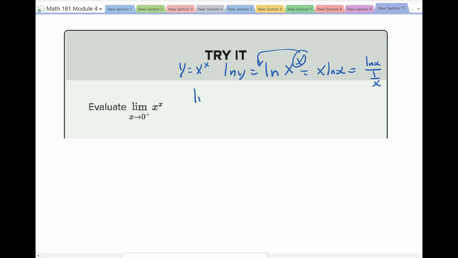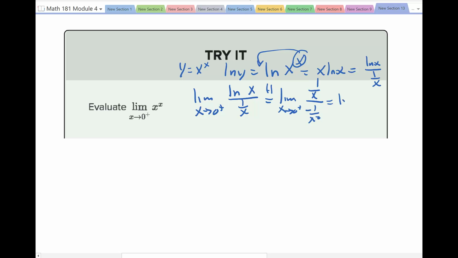So if we take the limit as x approaches 0 from the right side of the natural log of x over 1 over x, we have negative infinity over infinity, so L'Hopital's rule applies. So limit as x goes to 0 from the right side of 1 over x over negative 1 over x squared.